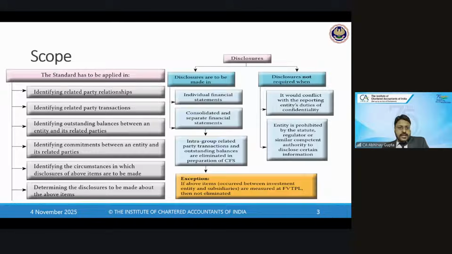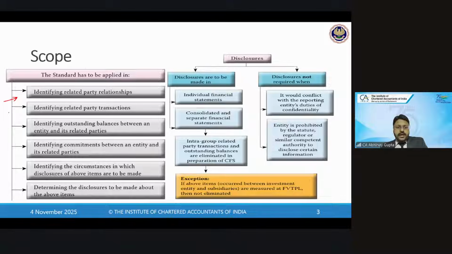Now the standard has to be applied in identifying related party relationships. So how will the standard help in identifying? So the standard defines which parties will be the related parties, right? So that we will discuss, right? And basis on those, we will identify which parties are the related parties for a particular company or entity, right?